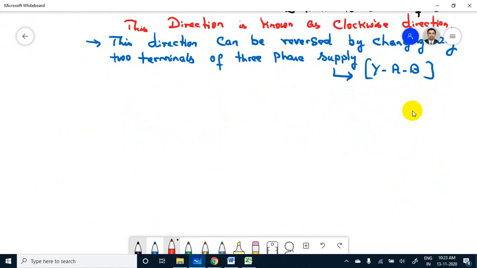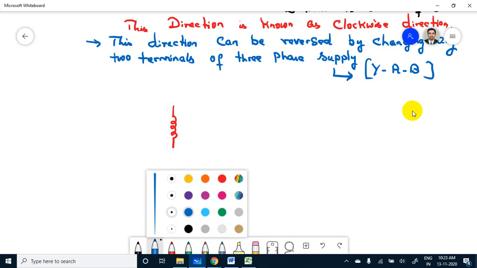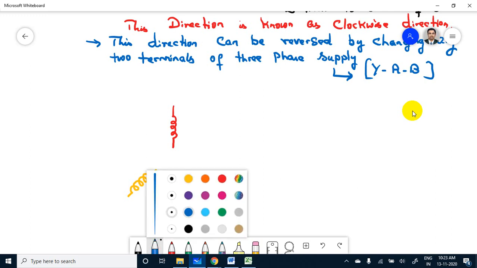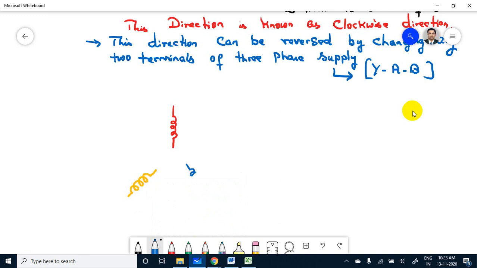Okay, for clockwise, how to draw the winding means, understand, this is R phase, okay, Y, this is B. Okay, now this RYB we have to join.